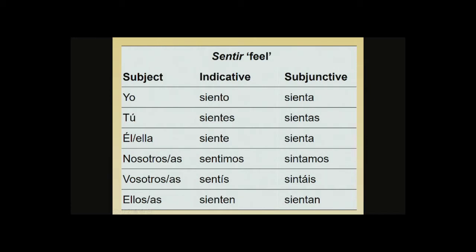And in the ellos form, sientan, that parallels sienten. But look, sintamos and sintáis. So that's rather like midamos and midáis. Yeah, so speaking honestly, would you have known sintamos and sintáis? You would have? Well, very good. If you would have known that, that is very good news, because that's very tricky to remember, sintamos and sintáis.